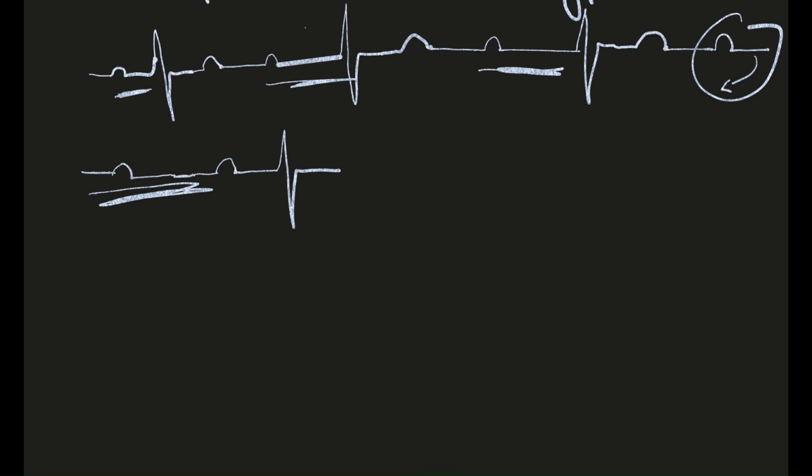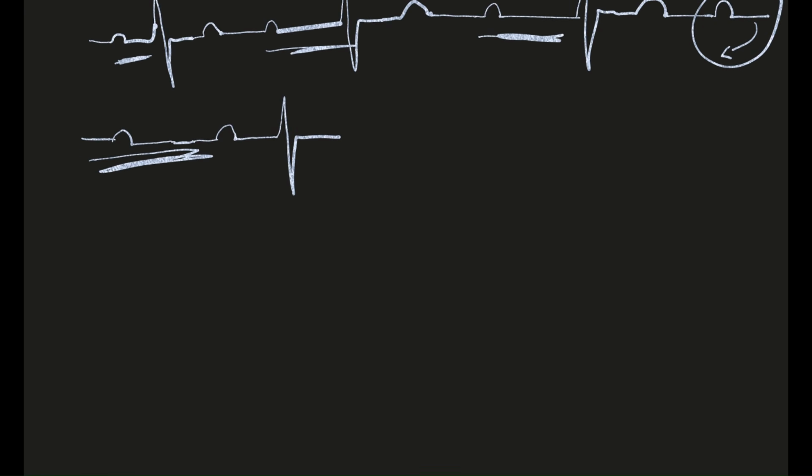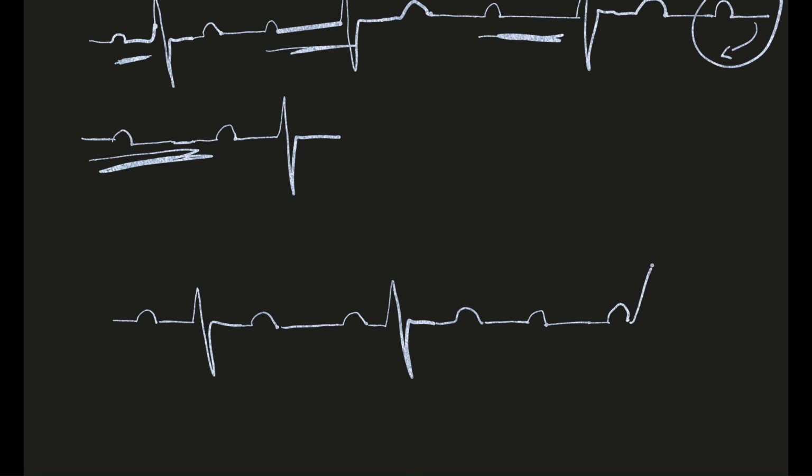What happens in type 2? There is P wave, QRS complex, T wave, then there is P wave, QRS complex, T wave. There might be a P wave, then again a P wave, QRS complex.